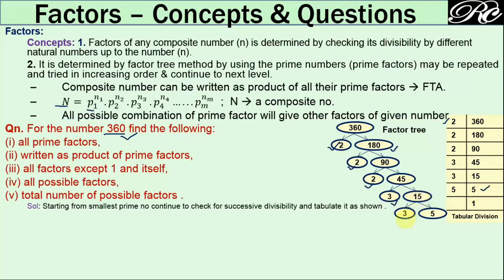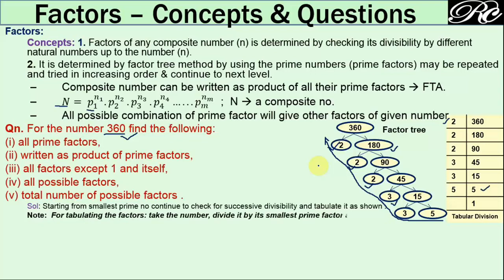Now this 15 can be written as 3 multiplied by 5. So here we are getting 5, 3, 3, 2, 2, 2. These are the prime factors, and on multiplying these prime factors, we will get 360. So this is the way to get the prime factors.